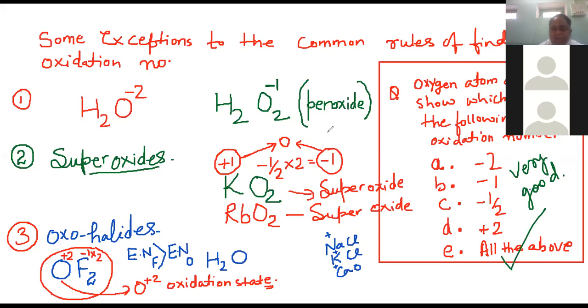Now we will pick up one question based on redox reaction balancing, and we'll balance it by using both the methods, ion electron method and oxidation number method. Both the methods we will apply.